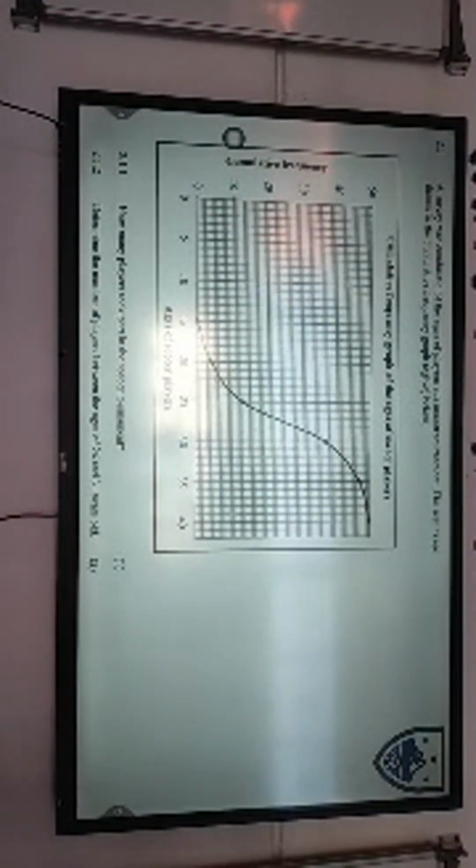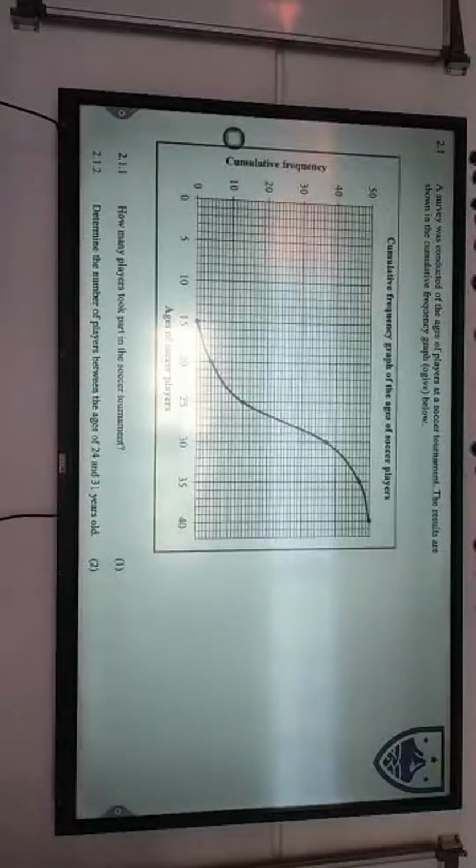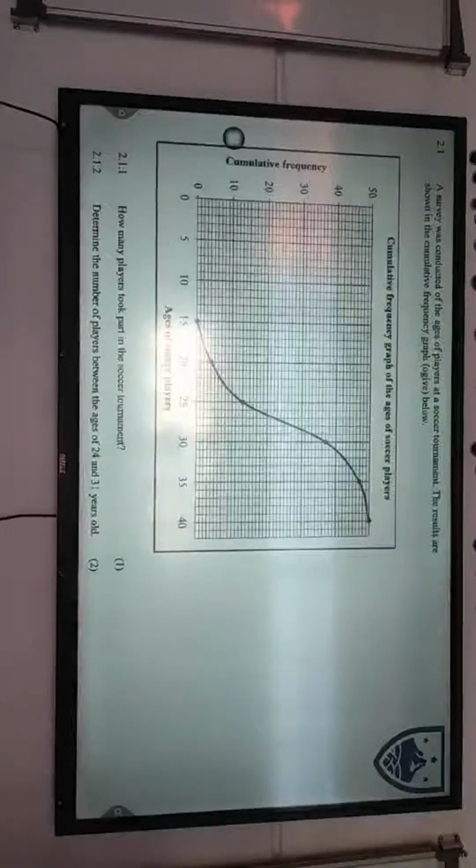The other set of problems is the cumulative frequency graph. You will be asked to draw this, or you'll be given it and you have to interpret what's happening there.